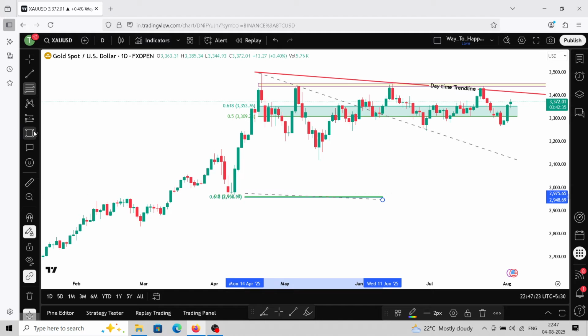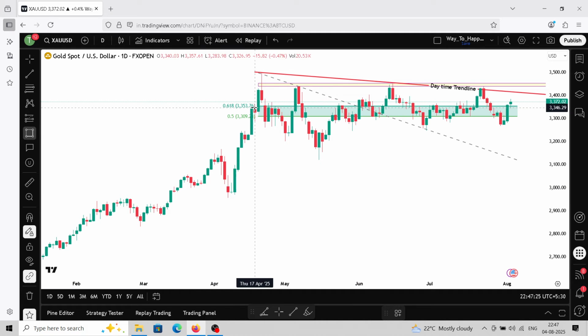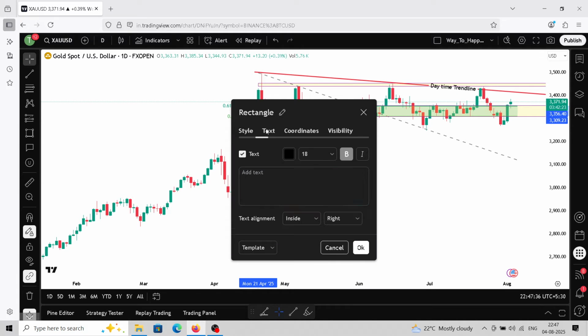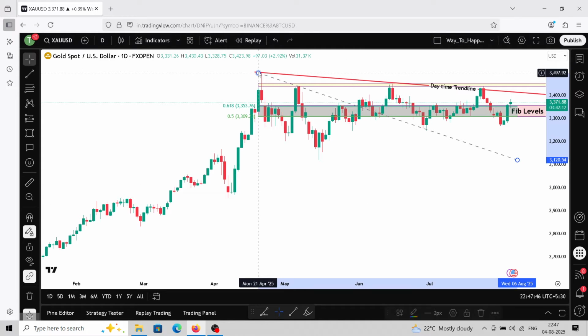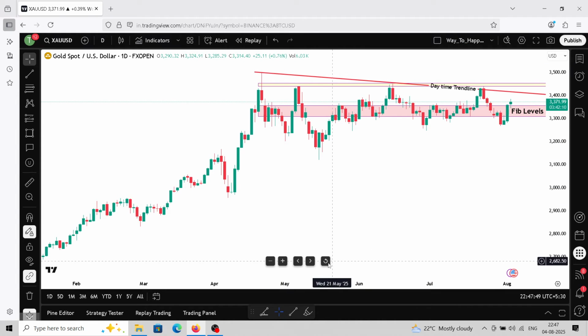And let me put this in a box pattern and call it a fib level. Fib levels. Let me put this in red as well, and let me delete this.